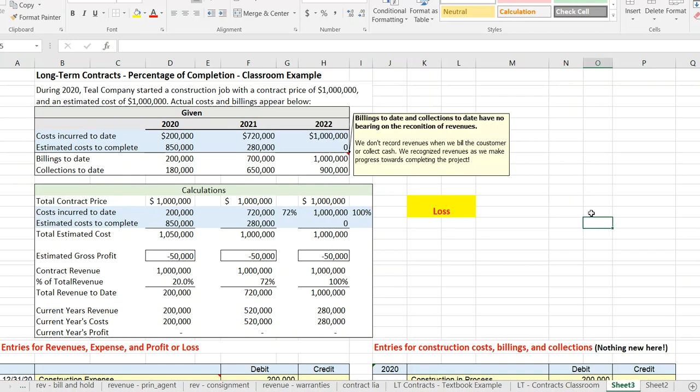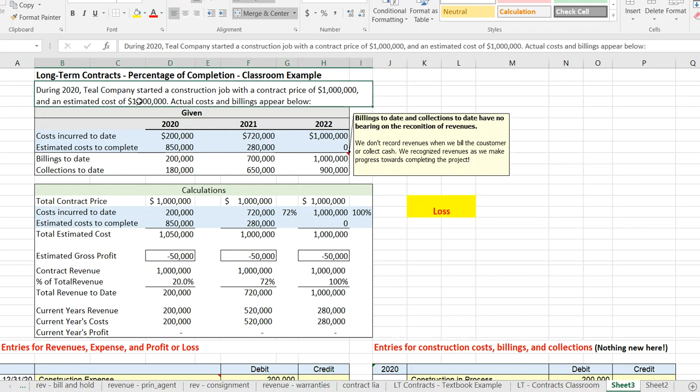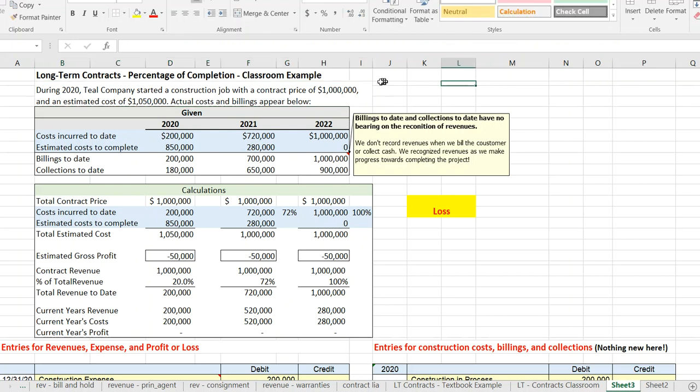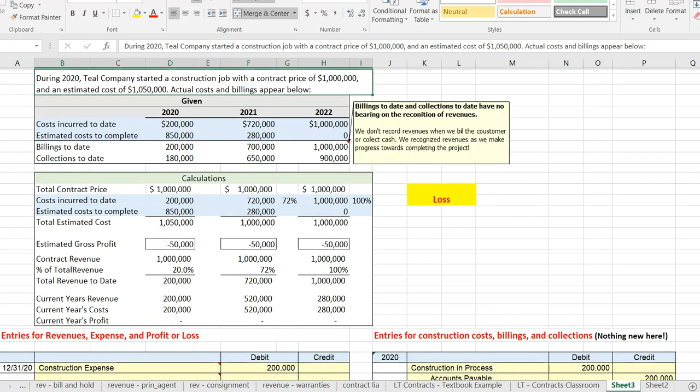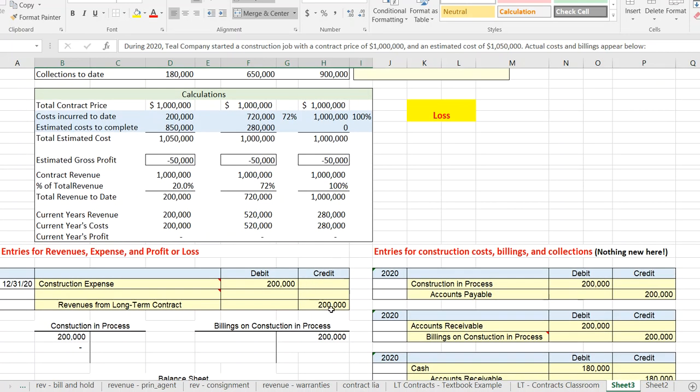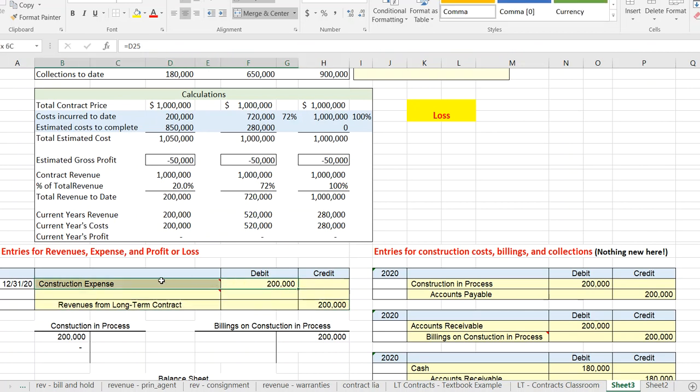Let's consider one more scenario, and this is a loss scenario. Let's say we anticipate a total contract cost of $1,050,000 now on a $1 million contract. Well, if you recall, when we had no profit on the contract, we reported our revenues of $200,000, our construction expense of $200,000, and no profit.